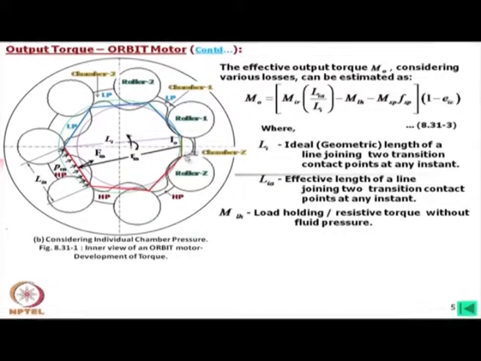Even if we consider the ideal fit, there may still be some frictional resistance to move this rotor. That is why initially, to start that motor, you need some pressure just to rotate it without any load, which you may consider the load holding torque.